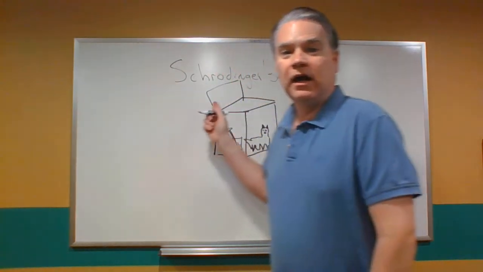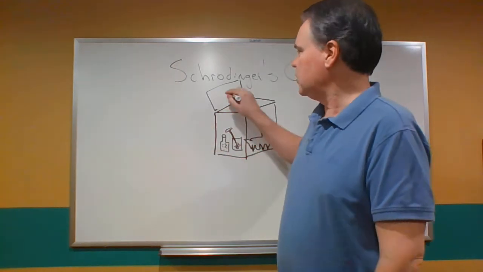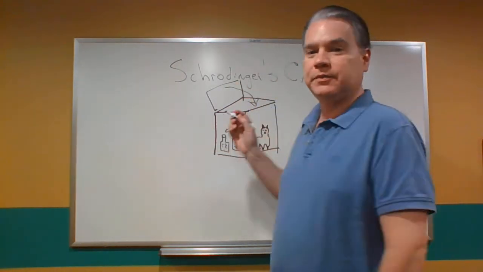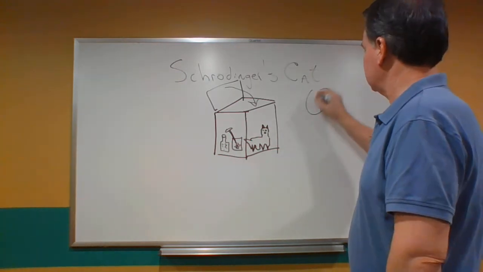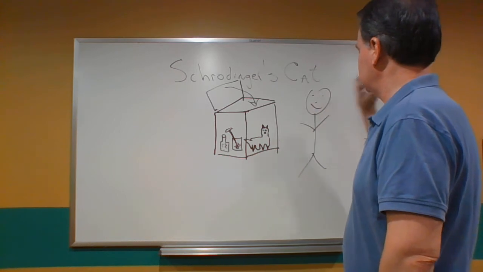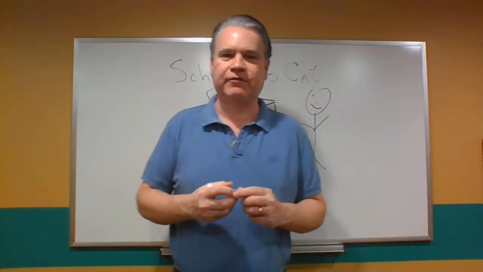So now, this is a soundproof box, you can't see in it. So close the lid. So now you're an observer out here. And you've closed the lid and you can't hear anything from inside.